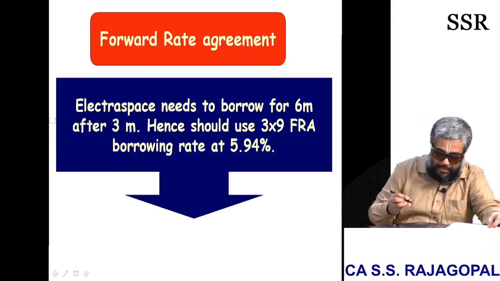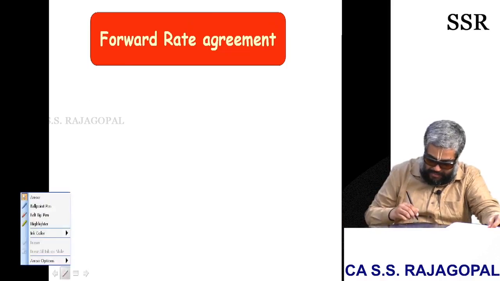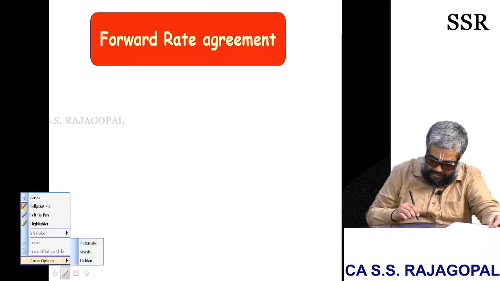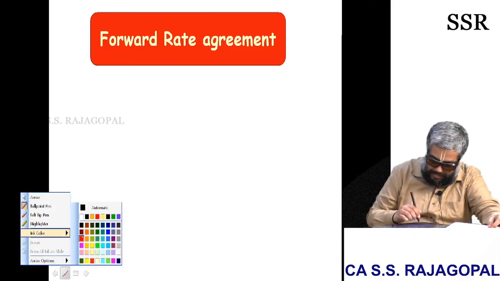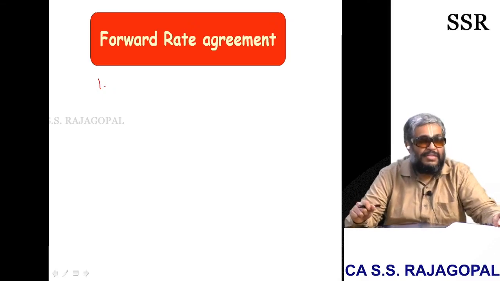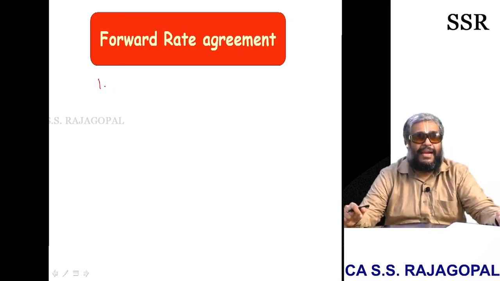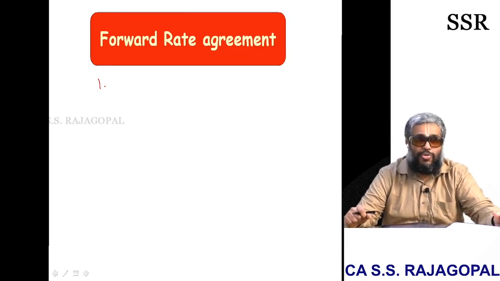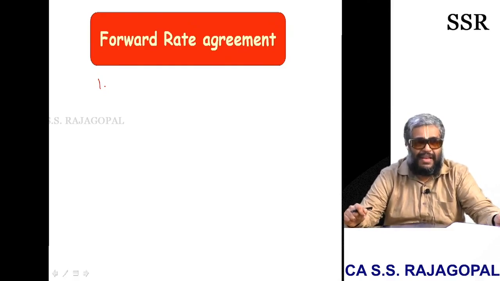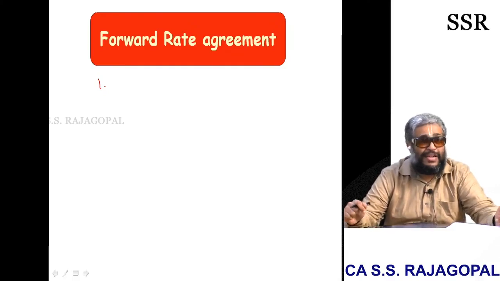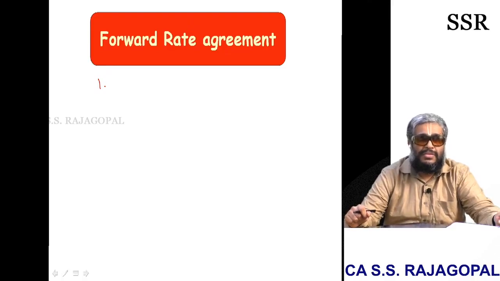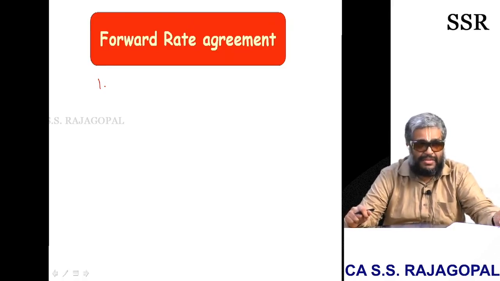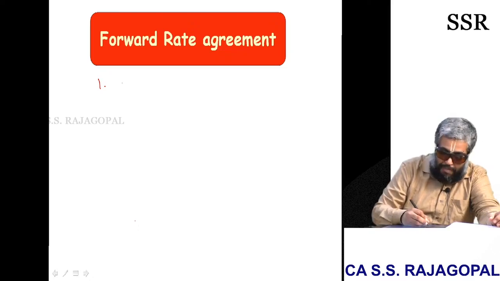Point number 1. Write down. Since Electra Space is going to borrow after 3 months for 6 months, it should buy.